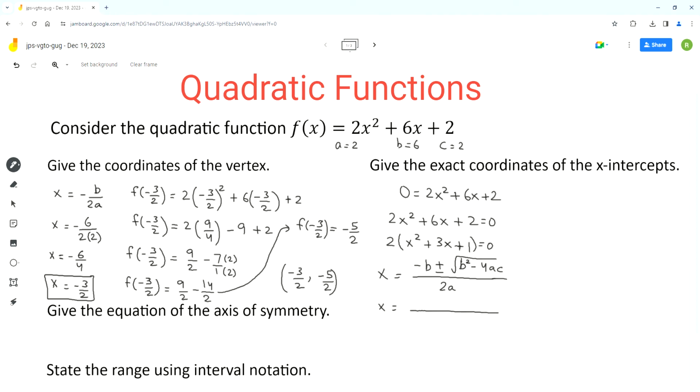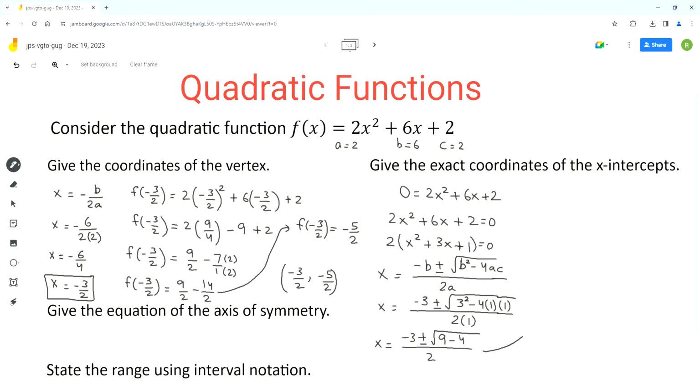We get negative 3 plus or minus the square root of 3 squared minus 4 times 1 times 1, because the coefficient of the x squared term is 1 and the number term is 1, over 2 times 1. Now we can simplify: 3 squared is 9, minus 4 times 1 is 4, over 2.